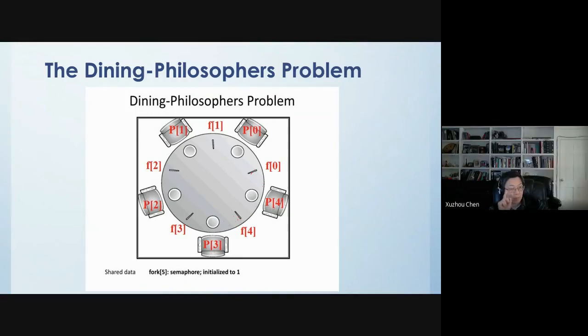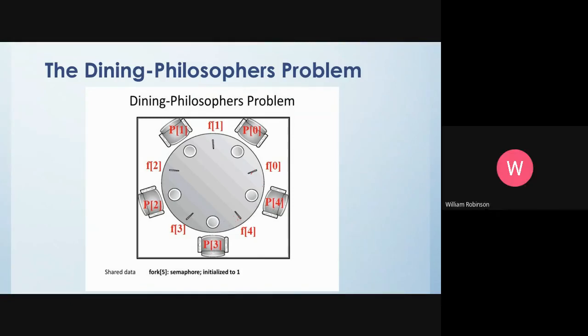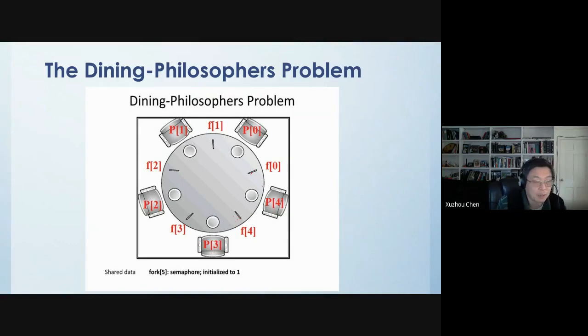That's true. However, there are some differences. One scenario is if we set a rule that whoever wants to eat has to pick up the left fork first and the right fork next. Now, in the extreme scenario, all 5 philosophers try to eat at the same time.